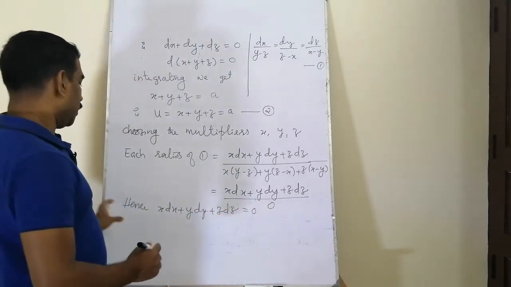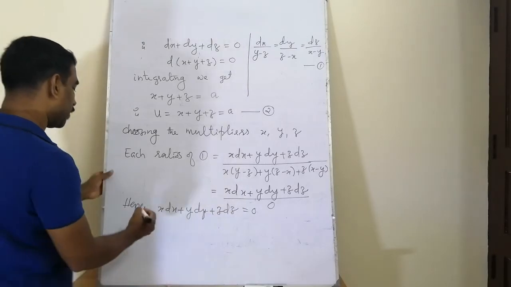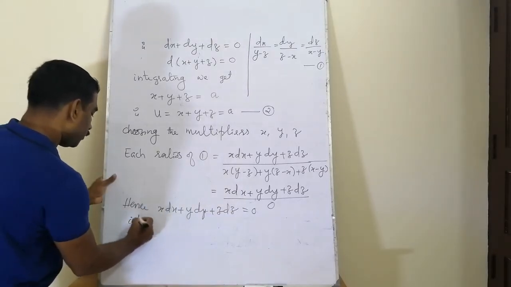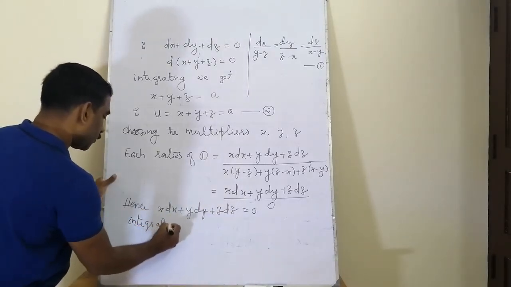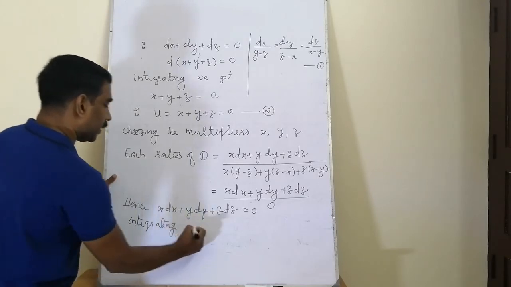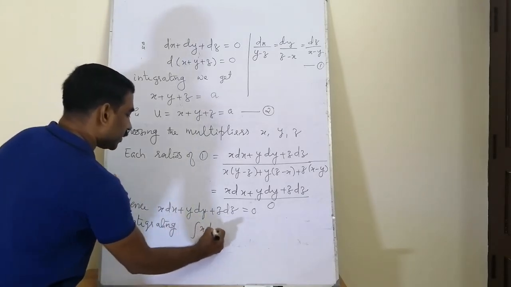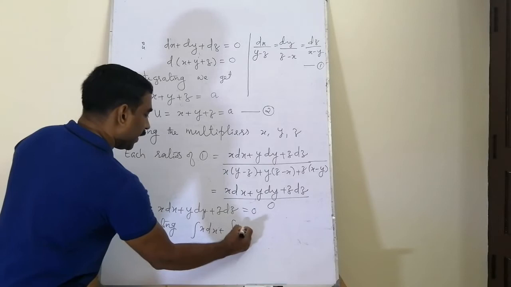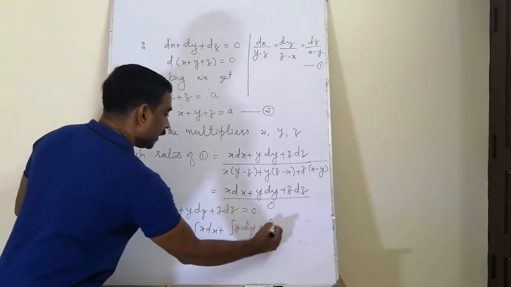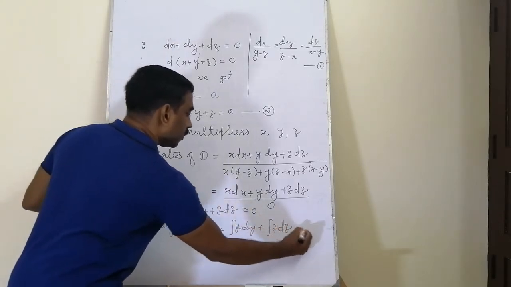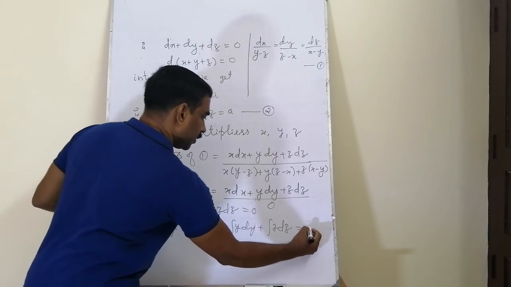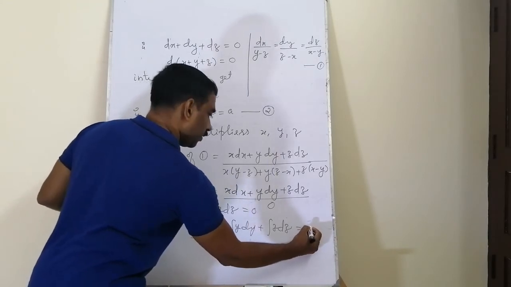That is an integrable format. On integration, we get integral x dx plus integral y dy plus integral z dz is a constant, say b.